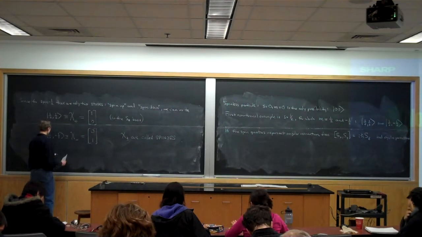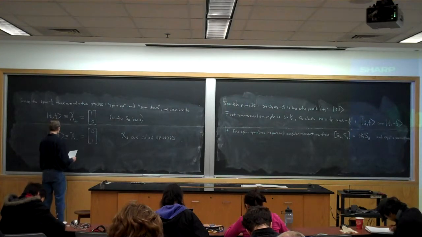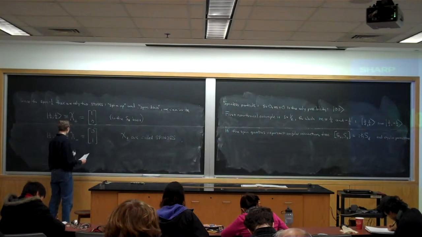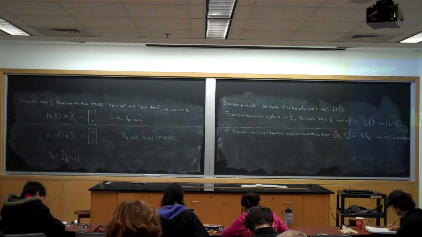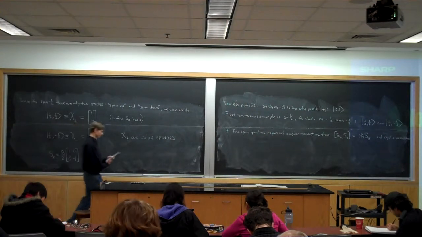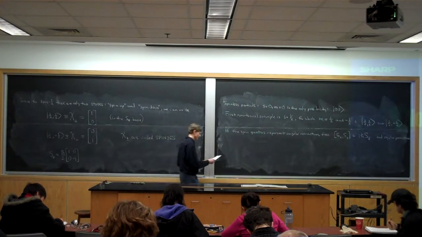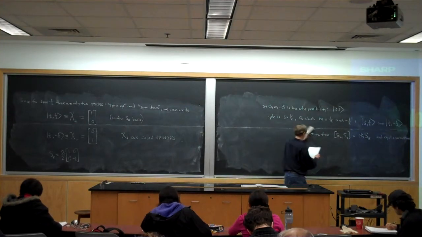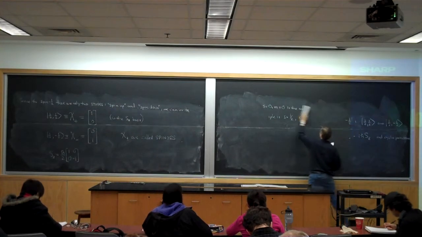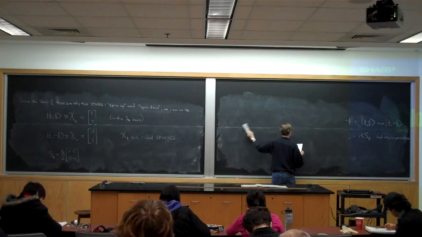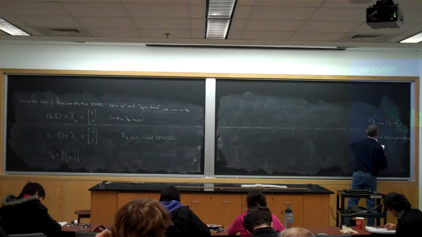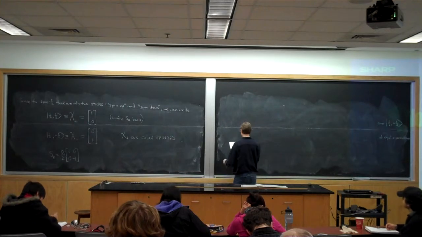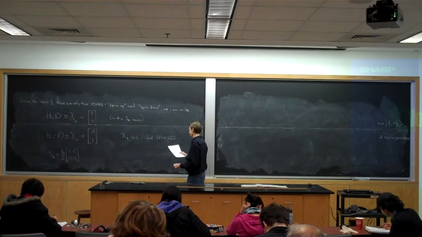The S sub z operator is h bar over 2 times the matrix [[1, 0], [0, -1]].